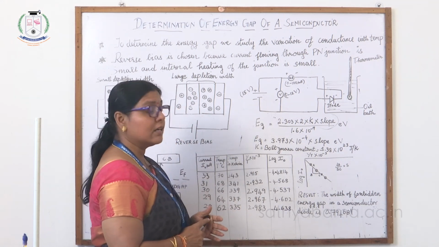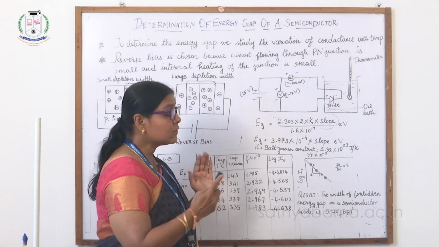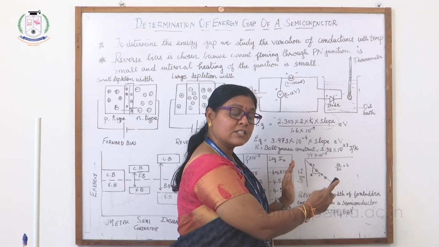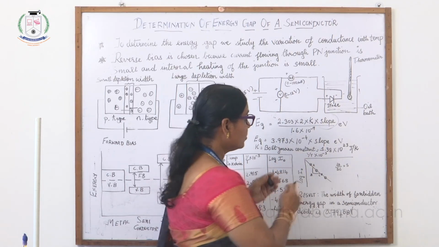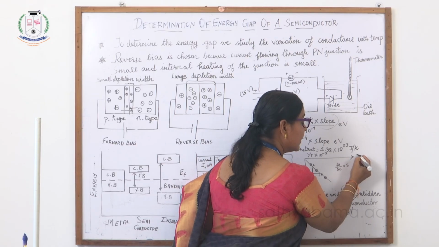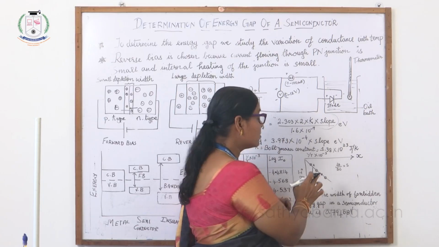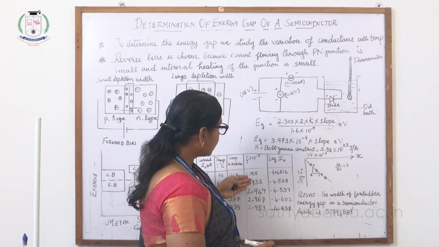Since the log I0 values are negative, I am going to plot my graph in the negative coordinate of the graphical axis. Along the x-axis, I have taken 1 by T into 10 power minus 3 values.